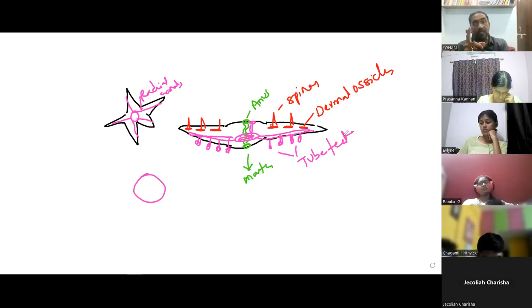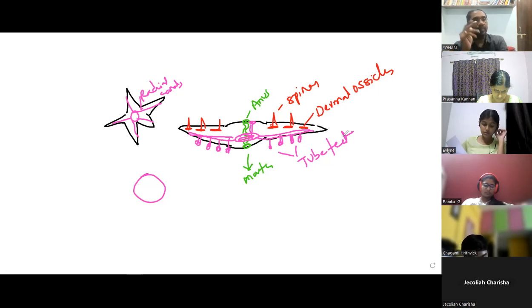Number 3, as they are very thin, respiration and excretion take place through the surface. So number 1, food collection. Number 2, locomotion. Number 3, respiration and excretion. Very important, they don't have special excretory structures. Excretory structures are absent. The same respiratory structures help in excretion.